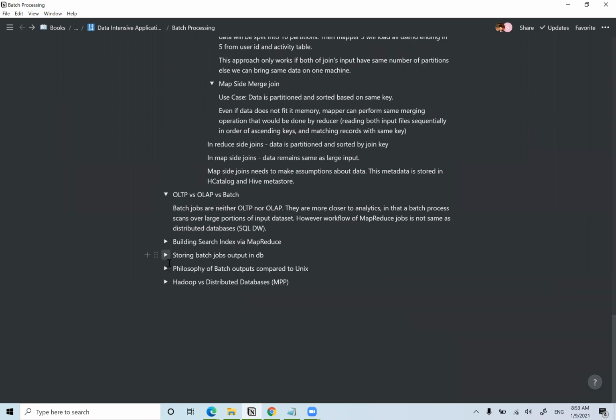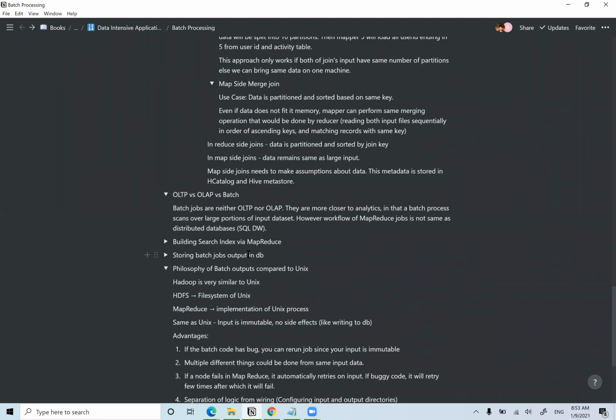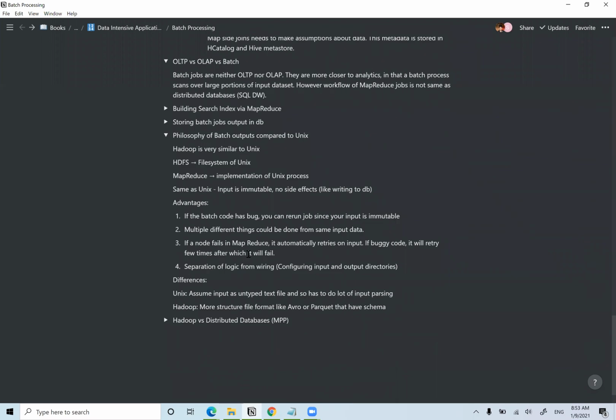So I think then there was a little bit about how these batch jobs compare to Unix, right? In some ways there are a lot of similarities. This HDFS acts as a file system, right? In Unix, when we write these Unix jobs, they read and write from the file system or from standard input output.